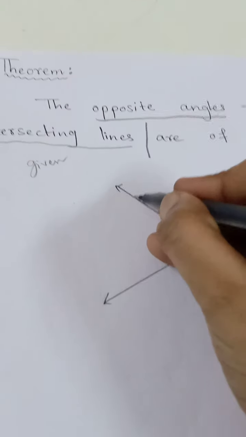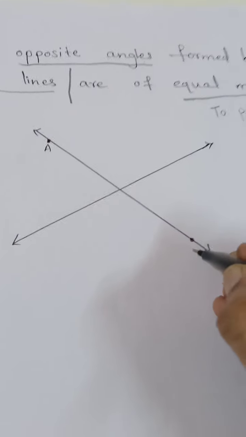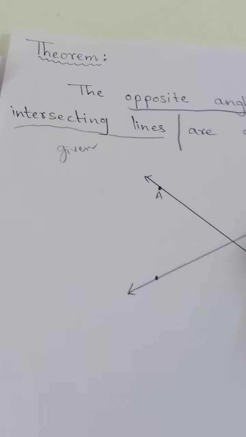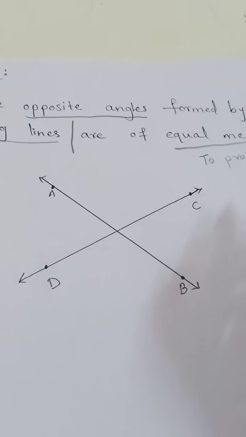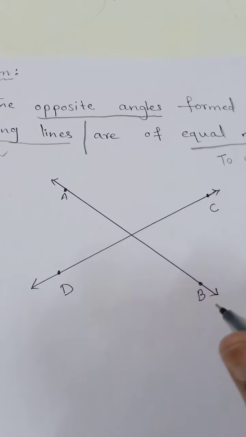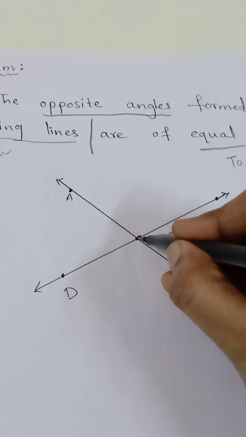So I can give the name to one line as line AB, and the name to the other line is line CD. So I have given the names to both lines AB and CD. And what are these two lines doing to each other? Exactly, they are intersecting each other here.